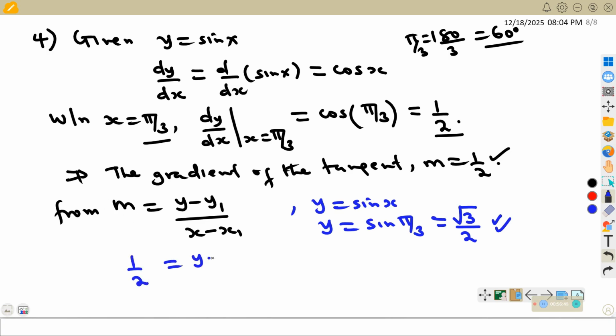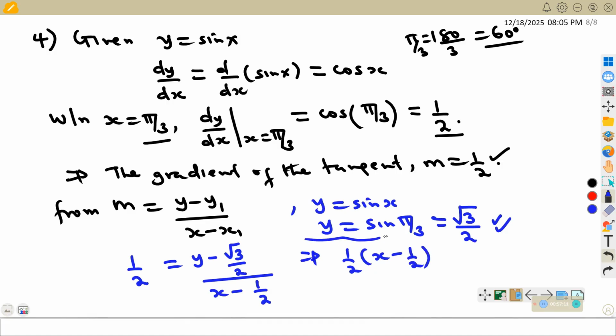Okay, so from that we have the gradient as a half. You have y minus y1, where y1 is root 3 over 2, divided by x minus x1, which is a half. So try to simplify this. So you will have this as a half into x minus a half, which is equal to y minus root 3 over 2.